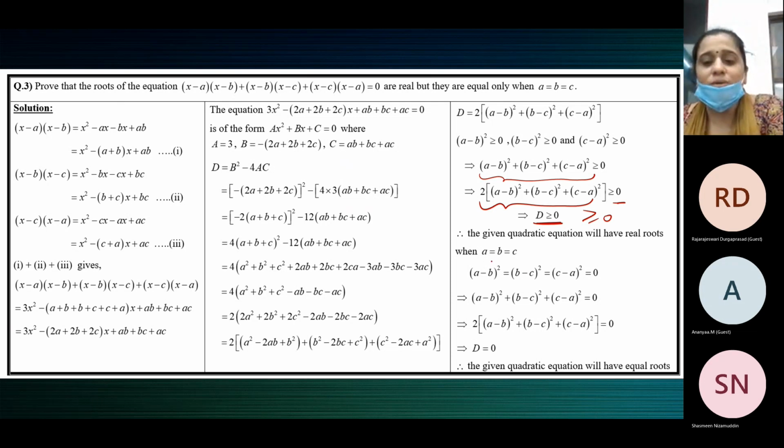But when A is equal to B is equal to C, when all the three are equal, then A minus B the whole square will be equal to 0. That means the sum also will be equal to 0. And when this is 0, into 2 will also be 0.